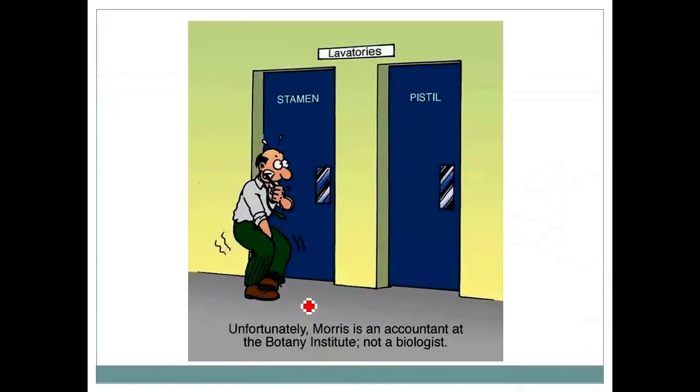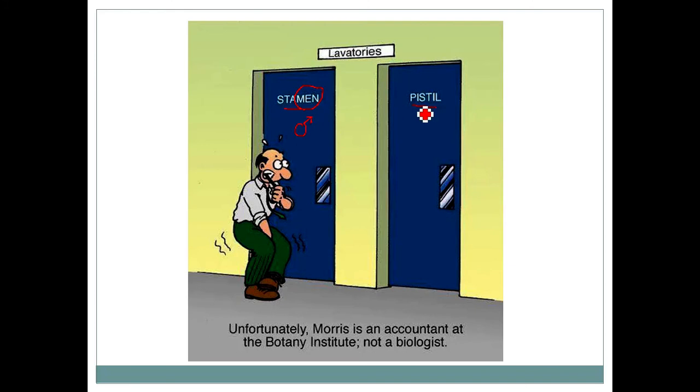One of the ways you can remember, if you have trouble keeping track of which one of these is male and which one is female, as this accountant is apparently having a problem with here because of the way these two restroom doors are labeled, is that the stamen has the word men in it, and the stamen, remember, is the male flower part.